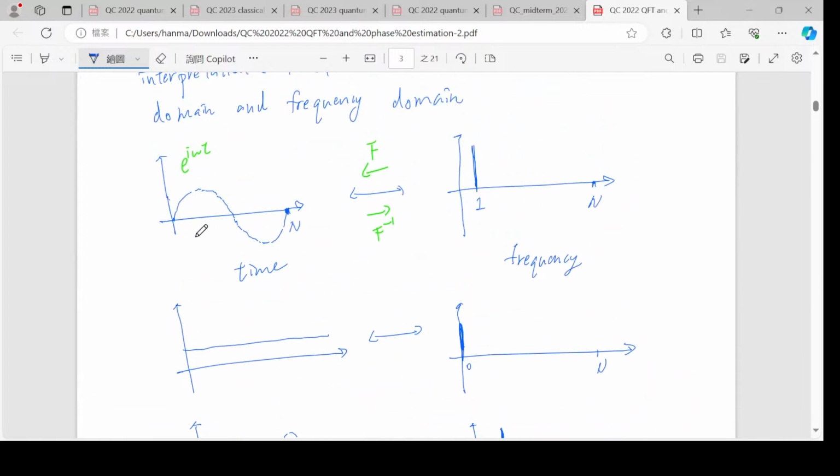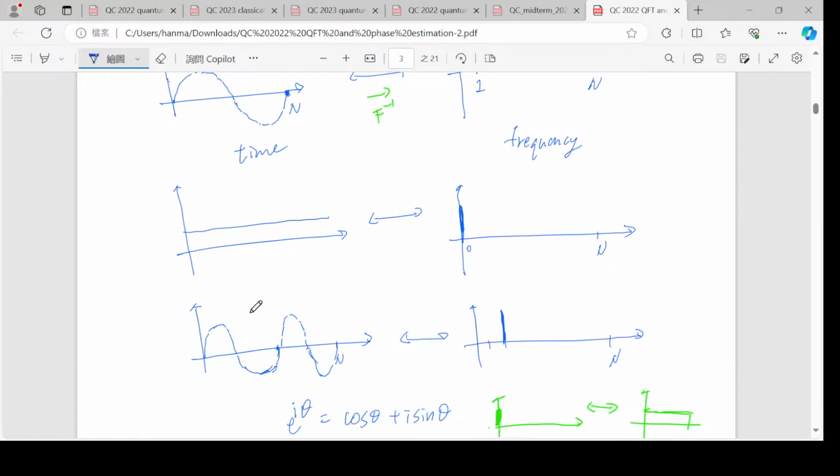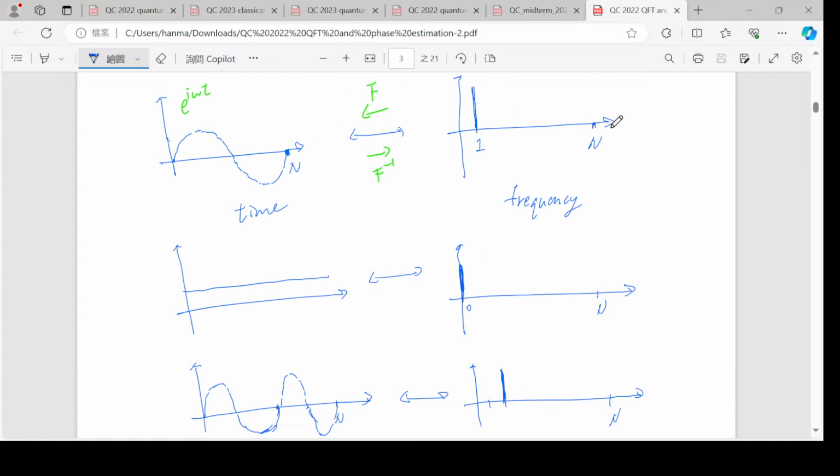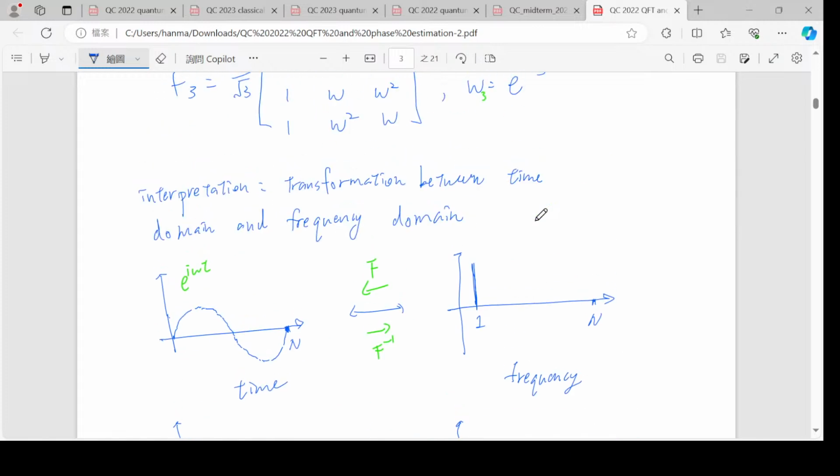If you have a lower frequency sinusoidal, then in the frequency domain you have your signal at some lower frequency, and for a higher frequency signal, you have a spike at higher frequency. And if you have a superposition of those two, then you have two spikes, etc. Okay. So the idea is you can do Fourier transform and then inverse Fourier transform back between the time and frequency domain, representing the same signal but from a different perspective.